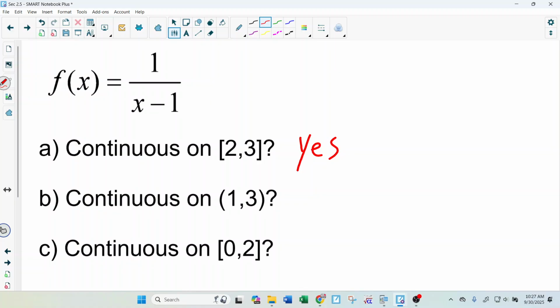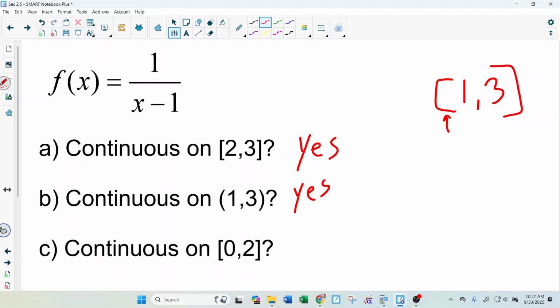No. If you include 1, it has a bracket. The parenthesis means 1's not included, so that is a yes. If it was a closed interval, that would be no, because that includes 1.